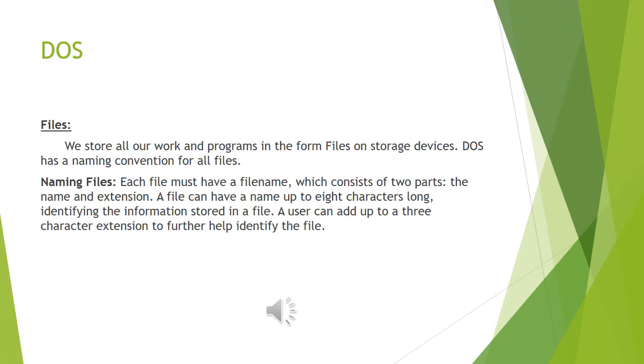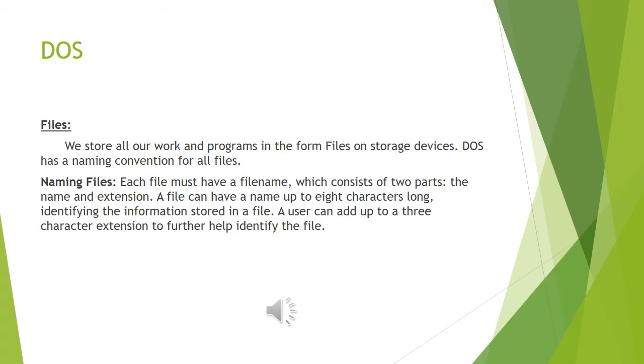We store all our work and programs in the form of files on storage devices. DOS has a naming convention for all files. Naming files, what are naming files? Each file must have a file name, which consists of two parts: the name and its extension.